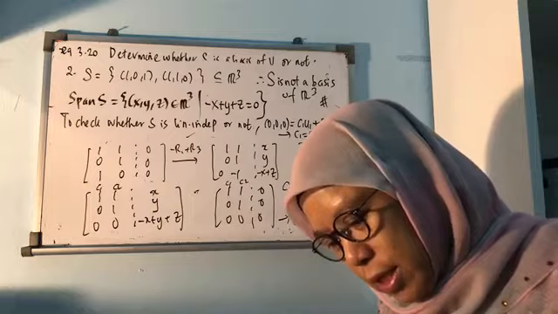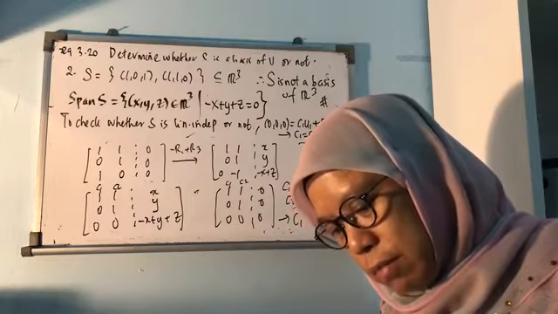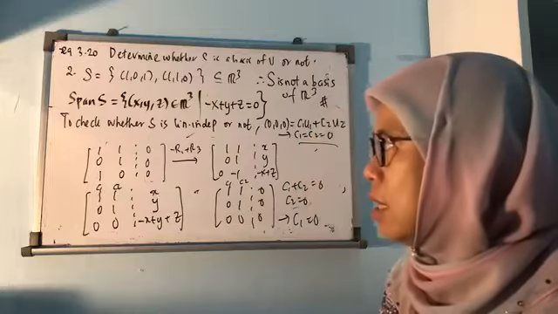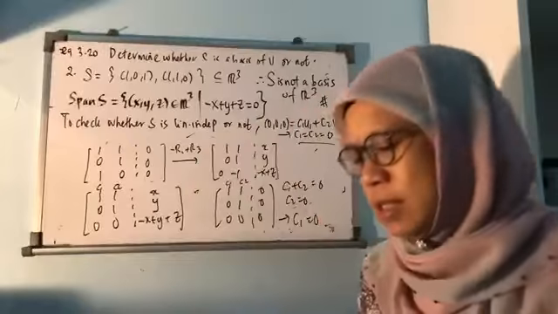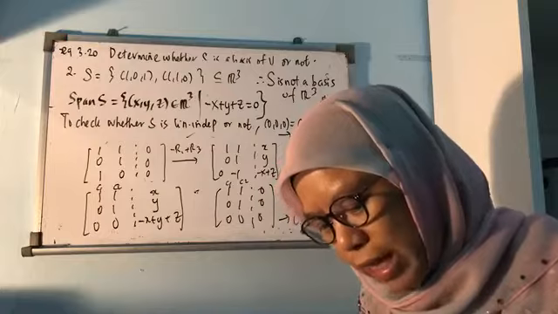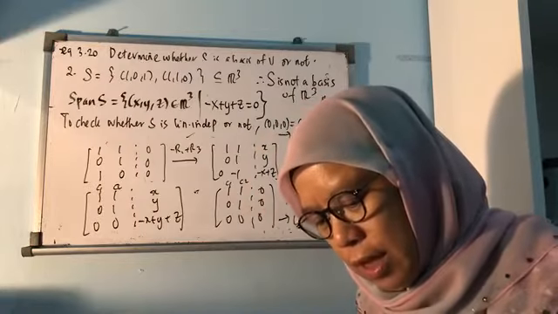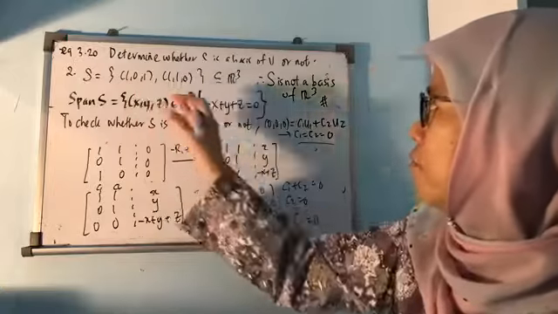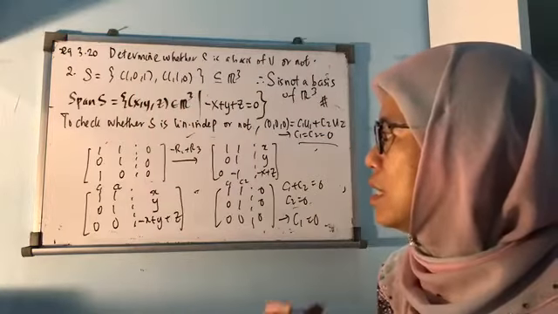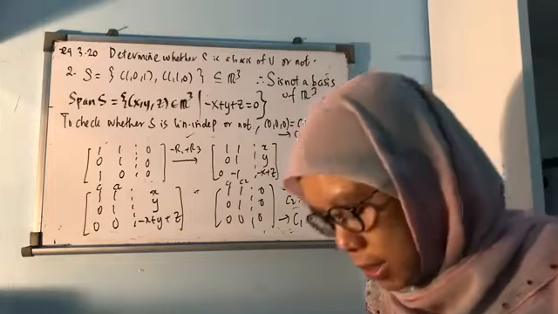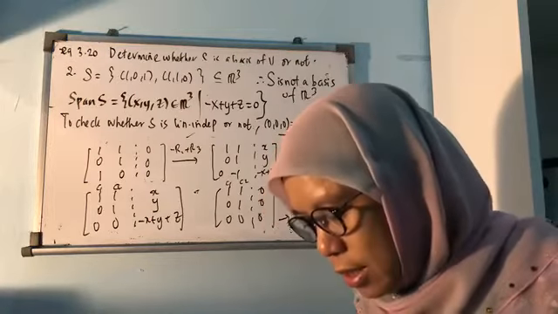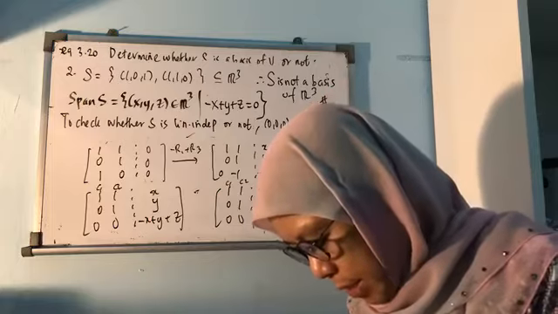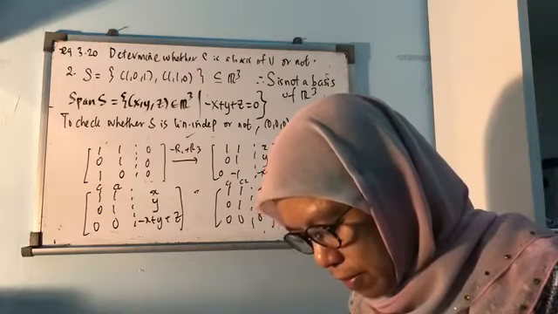Example 320 is very similar to number 2. Okay, now there is another type of question that asks you to extend to be a basis. It's not enough. How can you extend to get a basis? So that is why there is another part, page 195.